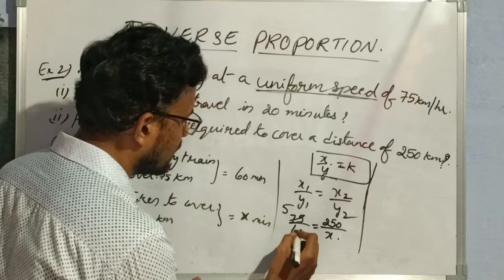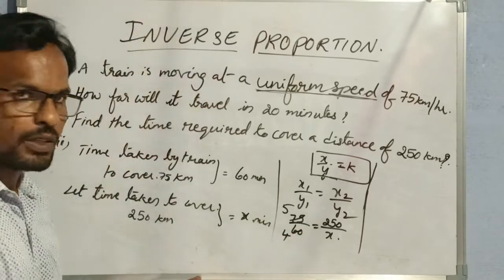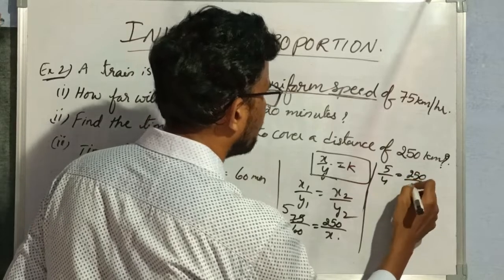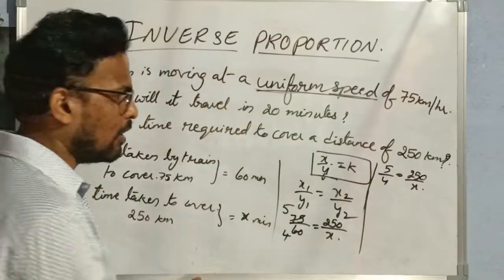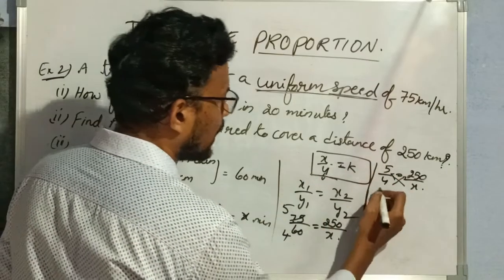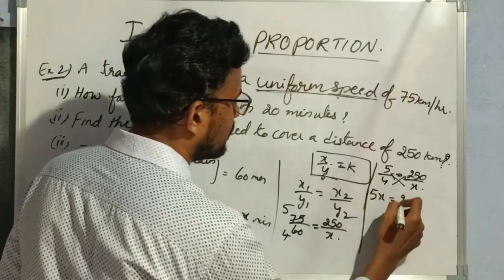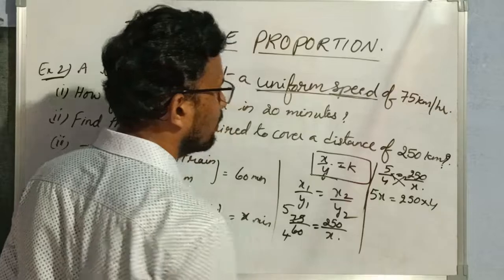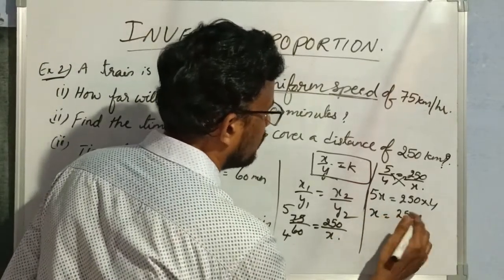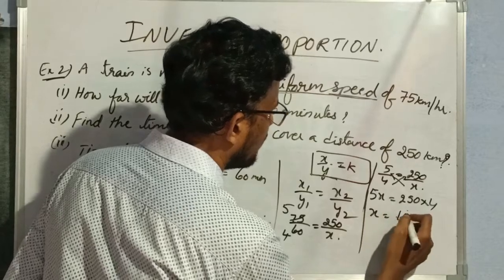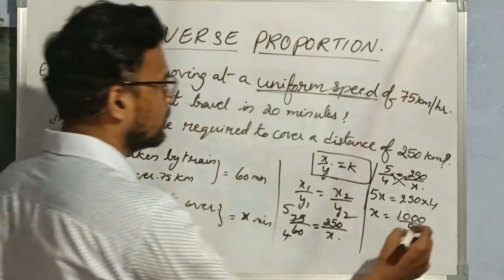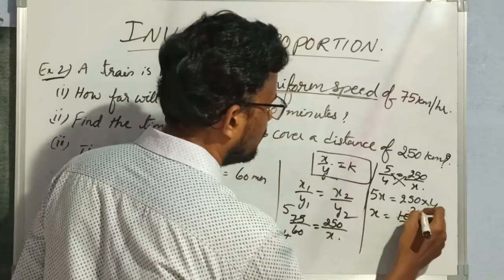15 5s are 75, 15 4s are 60. So 5 by 4 is equal to 250 by x. Now cross multiplication: 5 into x becomes 5x is equal to 250 into 4. So x is equal to 250 into 4, which is 1000, divided by 5. 5 ones are 5, 5 twos are 10, so 200.